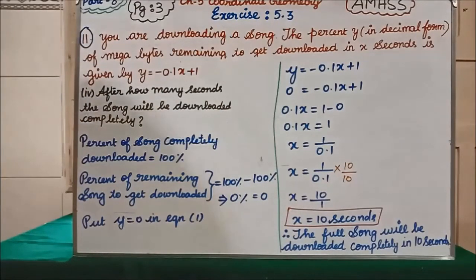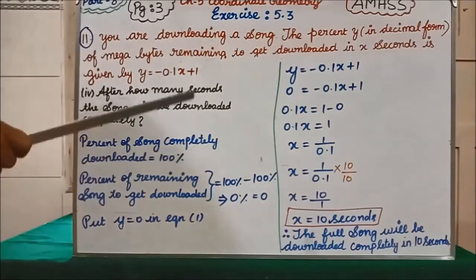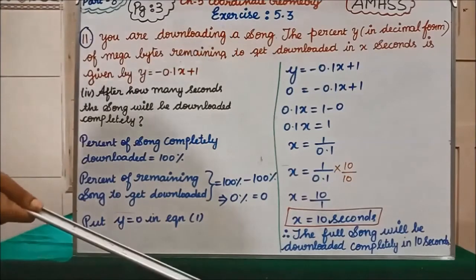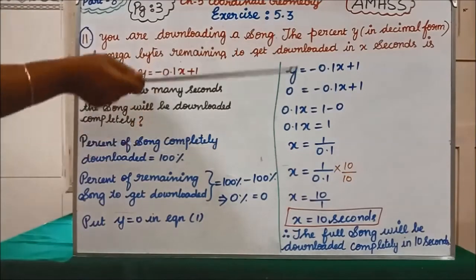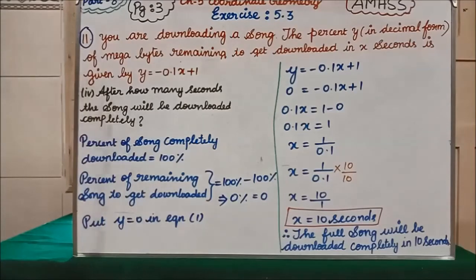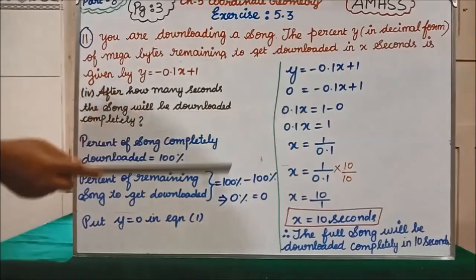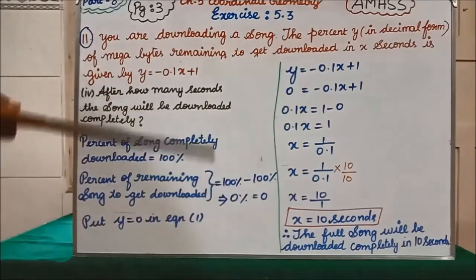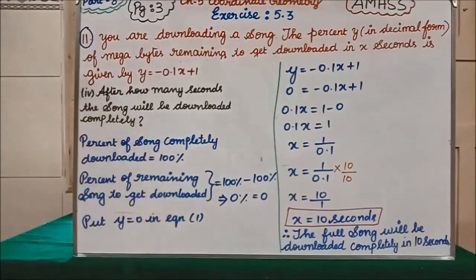In the denominator, after the decimal you have one number, so multiply the numerator and denominator by 10. 1 into 10 is 10, 0.1 into 10 is 1, so 10 divided by 1 is 10. x equals 10 seconds. So the answer is, the full song will be downloaded completely in 10 seconds. That is the answer for the fourth subdivision.